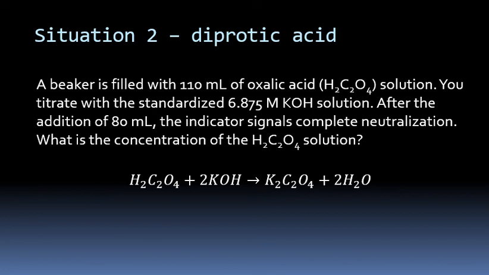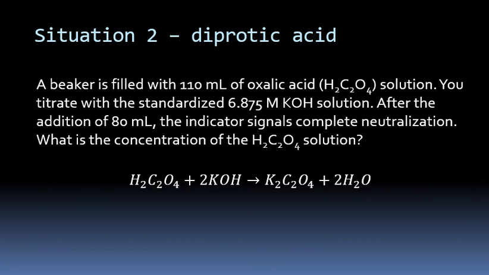It's a beaker that is filled with 110 milliliters of our acid, in this case oxalic acid, and you titrate it with our 6.875 molar KOH solution. And again, it took 80 milliliters to reach the equivalence point, or technically the end point, such that our indicator told us we were done.